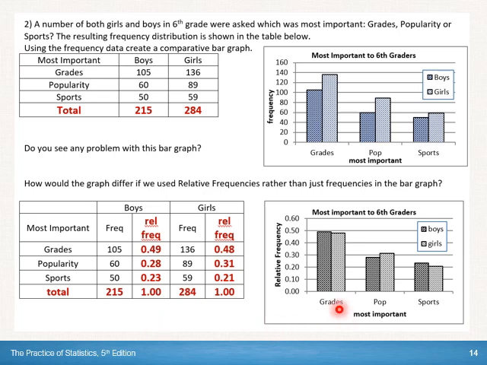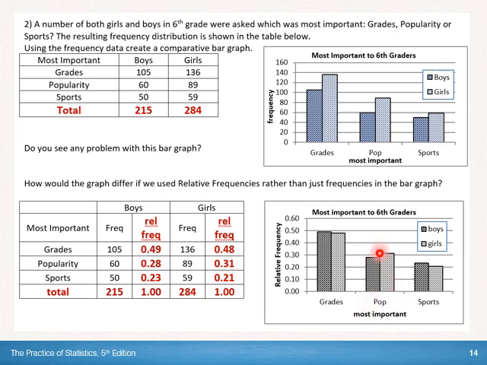Okay, notice now something interesting happens. If you look at sports, it looks like sports are more important to girls than to boys, but in reality, it's the reverse. That has to do with the fact that there weren't the same number of observations for girls and boys in our survey. It's 21% versus 23%. So boys tend to think sports are more important in this group.